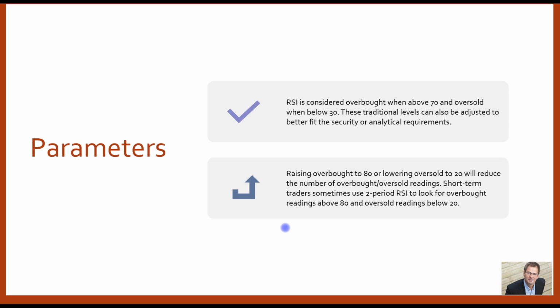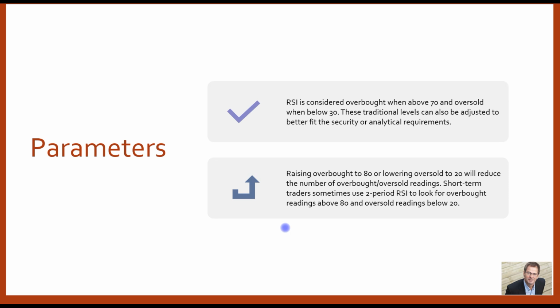Now, once you've done your calculations and dropped it on your chart, it's easy to do. So RSI is considered overbought when above 70 and oversold when below 30. Now, some people raise overbought to 80 or lower oversold to 20, which will reduce the number of overbought and oversold signals.